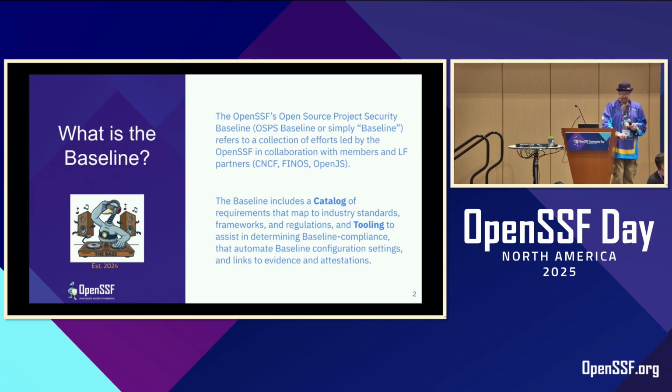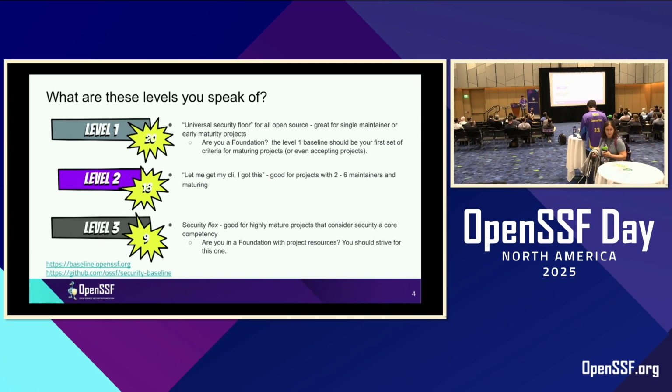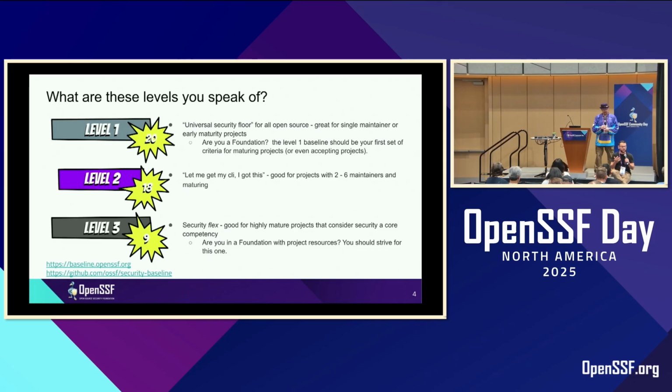Yeah, so do we have slides to create a visual correlation for this? Yeah, level 1, level 2, level 3. So the inspiration here was we want to create a literal baseline of things that any open source project should do. These are common sense, not really debatable, unless your platform literally cannot comprehend what multi-factor authentication is, then maybe we could debate something.